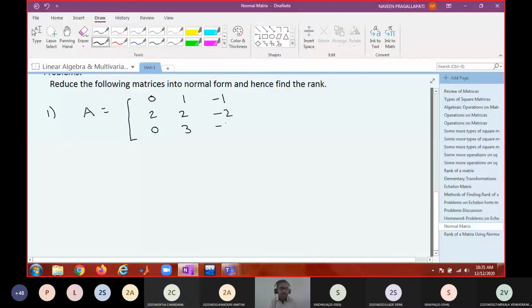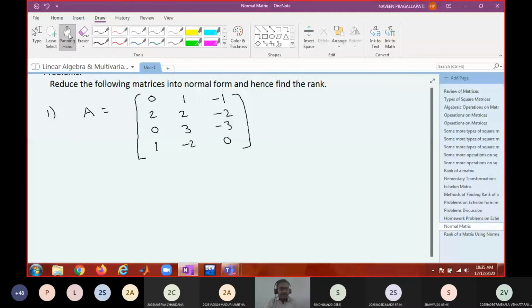Now we'll see how to reduce this matrix into a normal form through a systematic procedure. Half of the procedure is similar to the echelon form method. We would like to place a pivot element here.